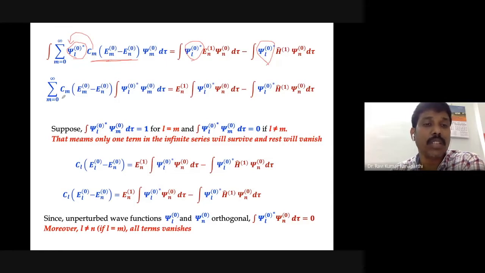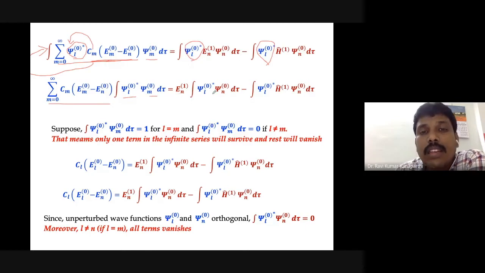That is what is done here. The entire thing is moved outside the integral because those are simple numbers. And then the integral of psi l 0 star, and then there is psi m of 0 here.